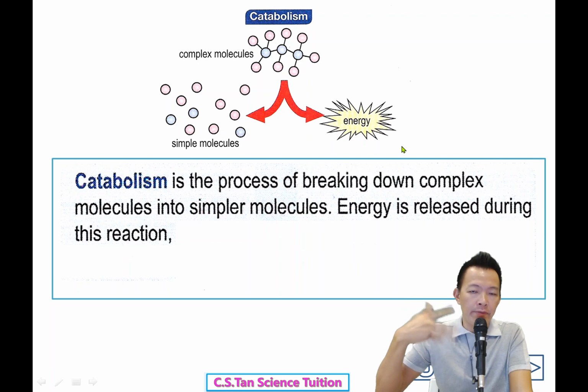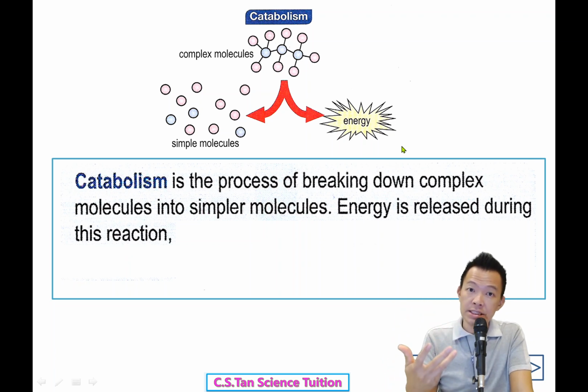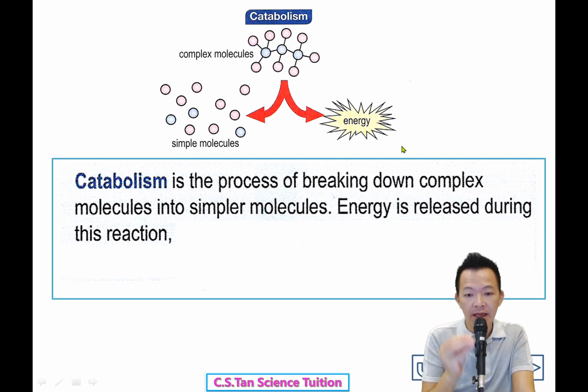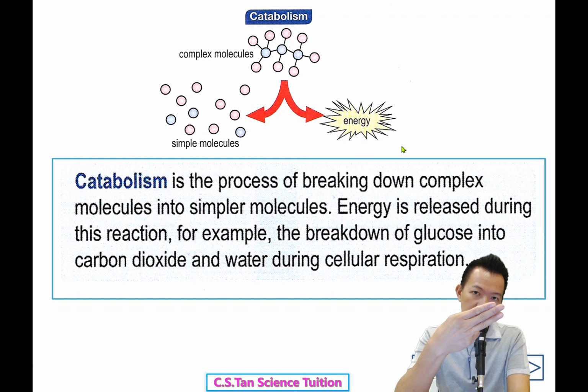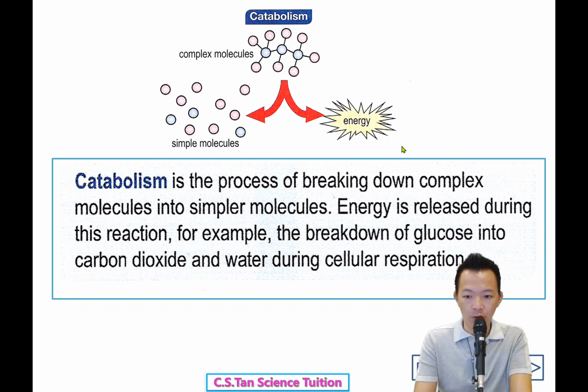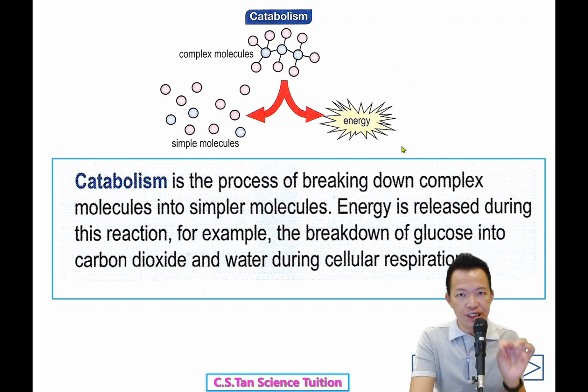At the same time our body becomes warm, 它放出能量. For example, the breakdown of glucose into carbon dioxide and water during cellular respiration. 当细胞氧化食物的时候, it releases carbon dioxide and water. The process releases heat energy, 那个过程放出热能.